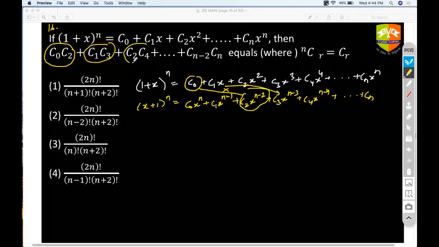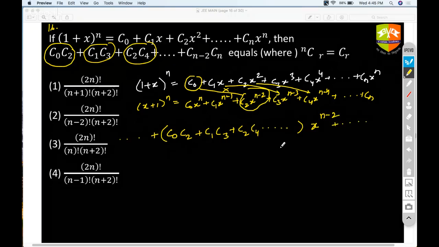And similarly, C2 C4 is obtained when these two terms multiply. You can see that in all these cases, C0 C2, C1 C3, C2 C4, etc., it forms the coefficient of x to the power of n minus 2, right? It comes along with x to the power n minus 2.